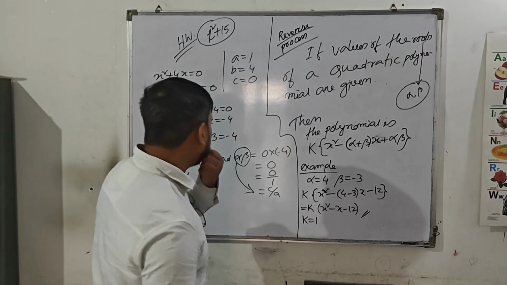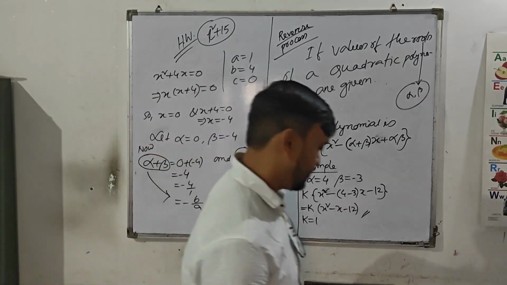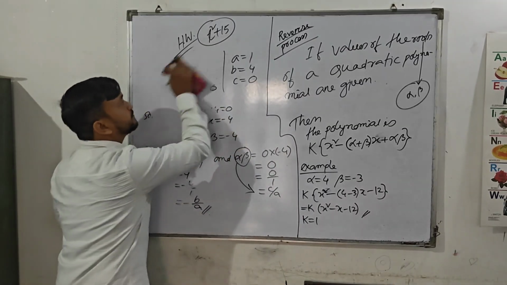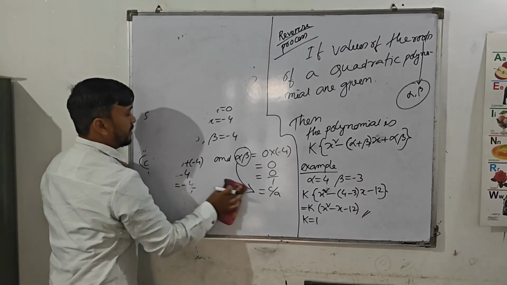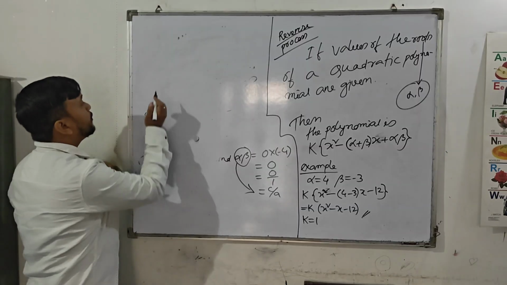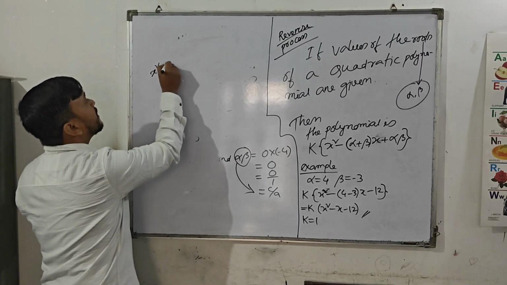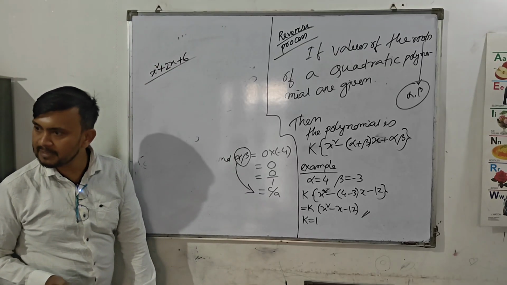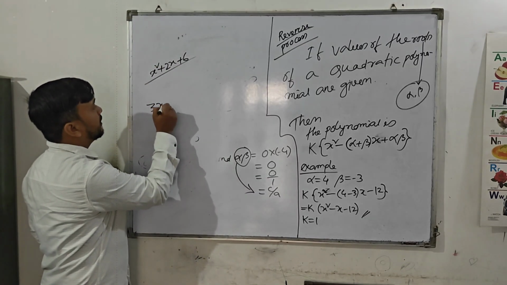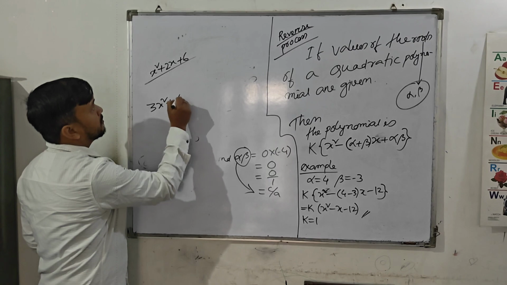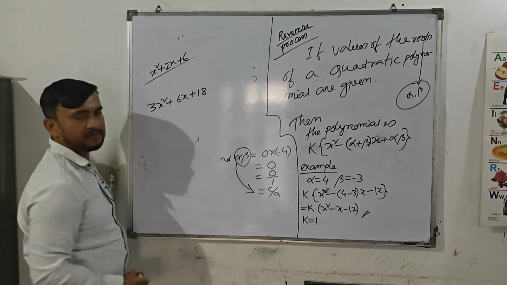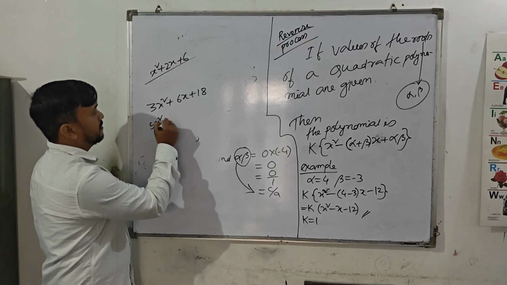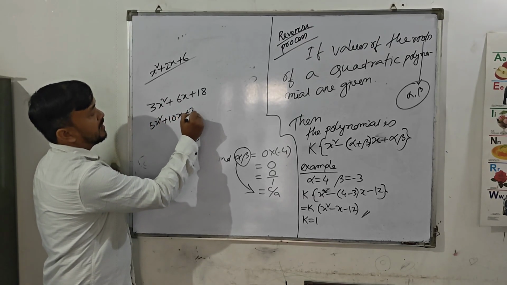See, why do we have to write this k? Let me show you one thing. Suppose I have one polynomial like x square 2x plus 6. I have another polynomial like this. I have a third polynomial like this.